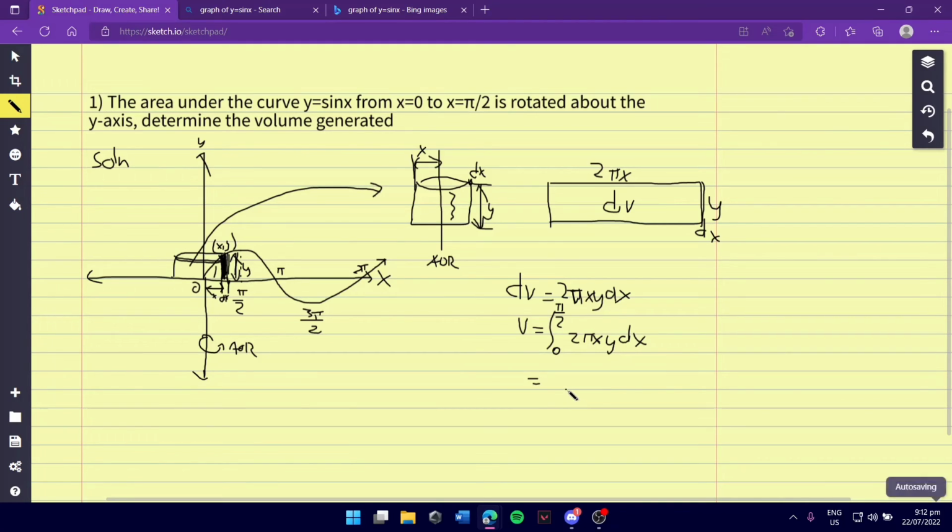Next, since 2 pi here is constant, we'll factor it out of the integral. So this is 0 to pi over 2, then the remaining is x and y times your dx.